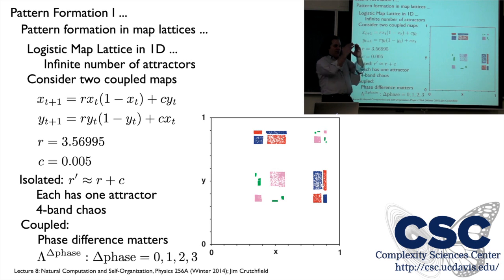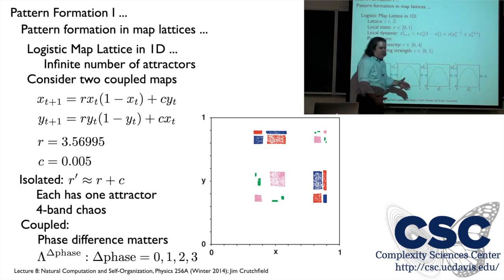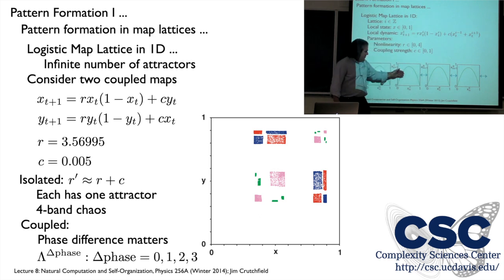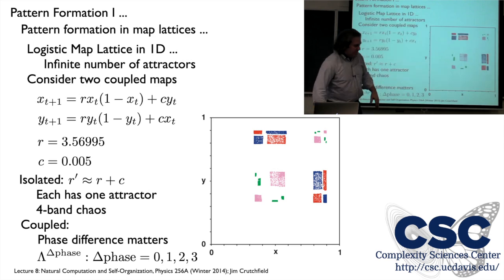So think about those green humps I drew before. As a first approximation, the input from the neighbors just shifts it up a little bit. It's like a constant offset, which you might think is intuitively going to push you a little further, past the period doubling, into the chaotic regime. And that's roughly what happens when I add this coupling.